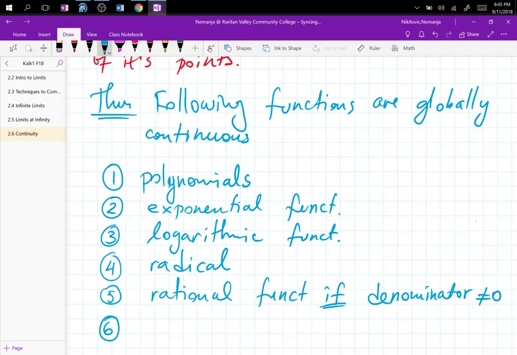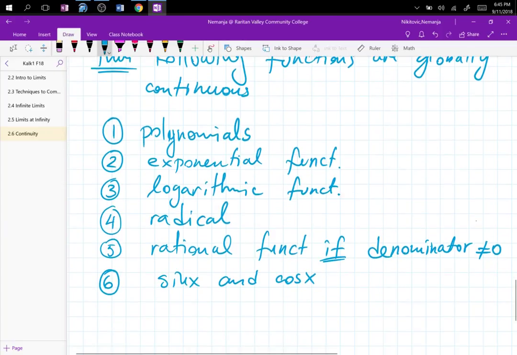Number 6, sine x and cosine x, not the other 4. The other 4 have vertical asymptotes everywhere. So polynomials, exponential function, logarithmic function, radical function, rational if the denominator is not 0, and then sine and cosine. That's that.